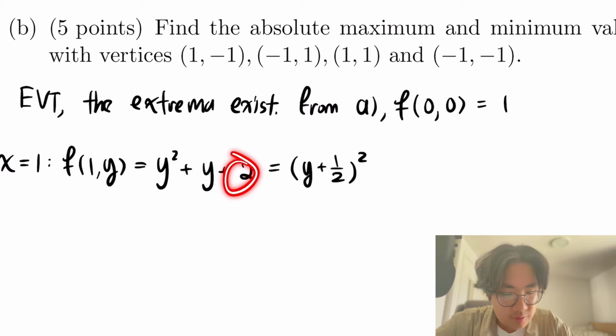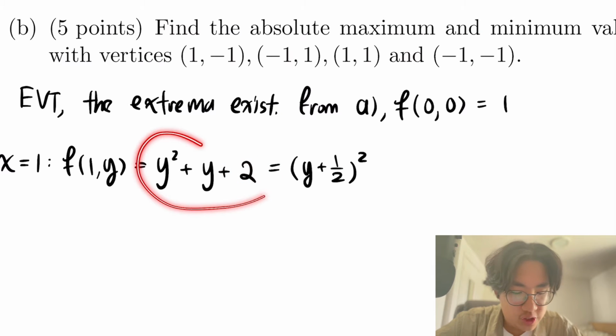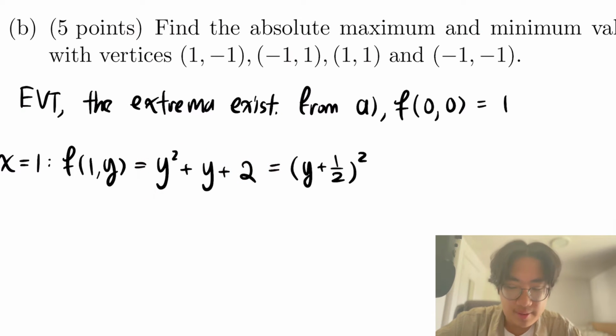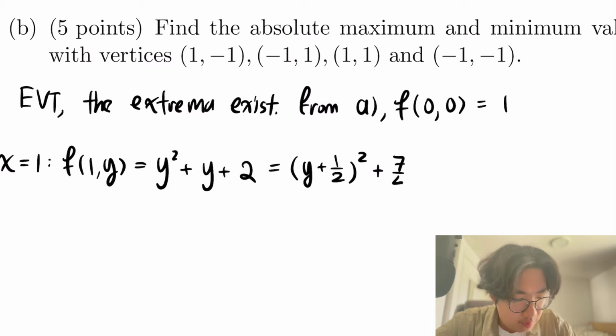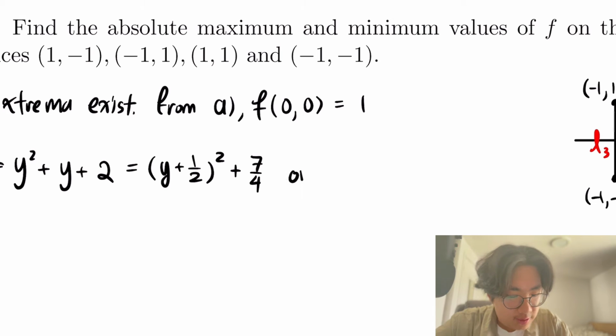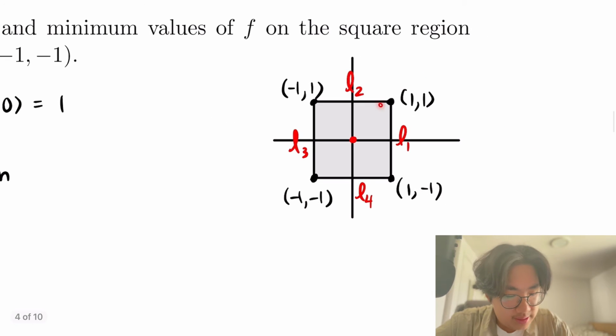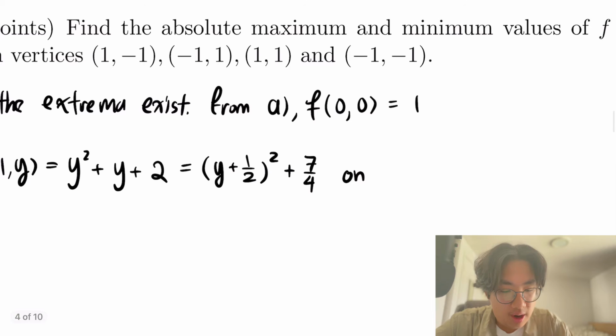This part you don't even have to worry about, because we're just looking for the minimum and maximum values. And this is on a certain interval, between these two values of y: -1 ≤ y ≤ 1.